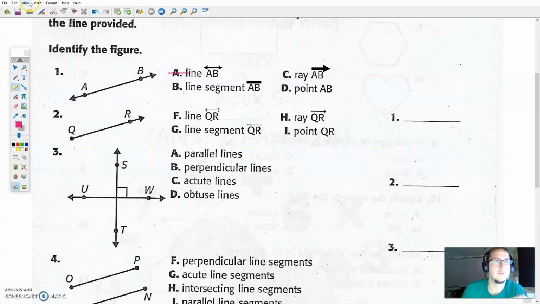So this is line AB. If we look at number two, we only have an arrow on one side and we end on the other. Remember, one endpoint and then going infinitely in the other direction is going to be a ray. So that one's going to be ray QR.